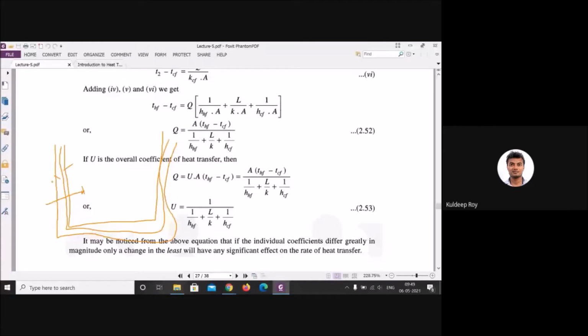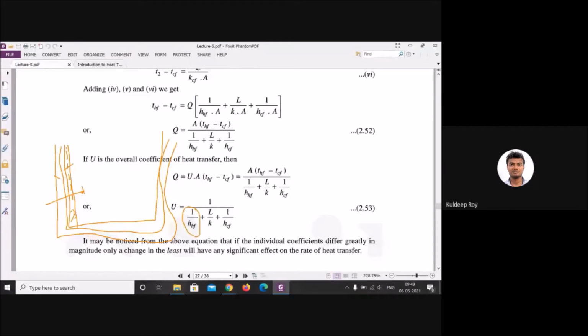If you have any kind of film, then you have to apply it for the film also. If somebody asks you to tell the overall heat transfer, and here the fluid is flowing, there will be a small film for the cold fluid or the hot fluid. Then you have to add one term, 1 by hf, for the convective heat transfer.